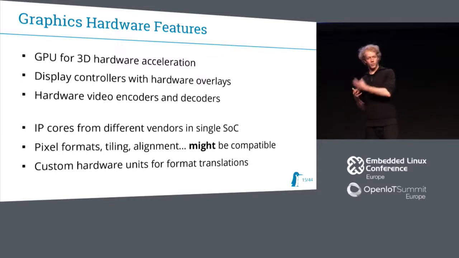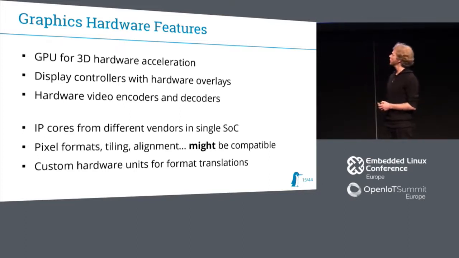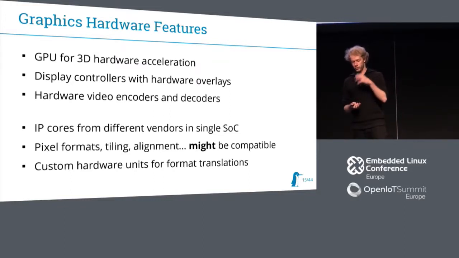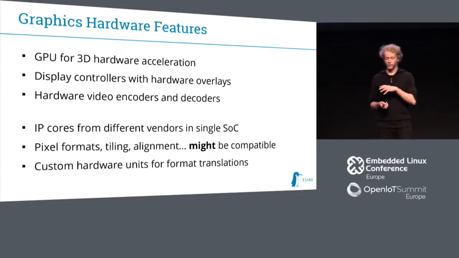So you don't have to composite in your compositor, but you just put your output to different overlays, and it's composited in your display controller. And you have hardware video encoders and decoders to not use your CPU for that and waste energy.